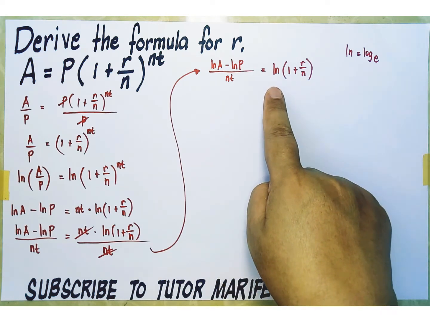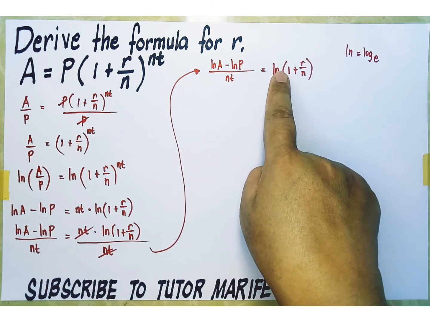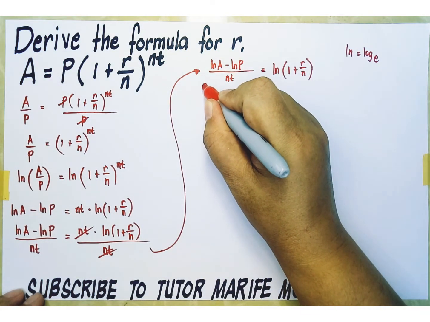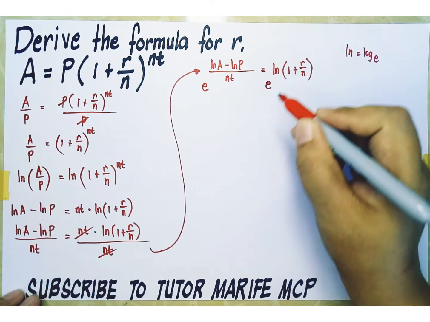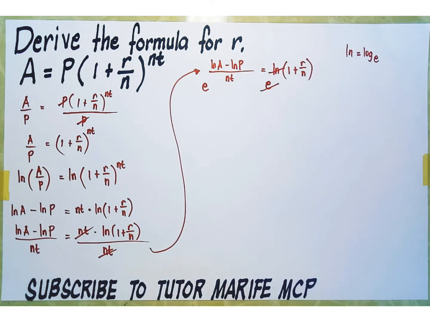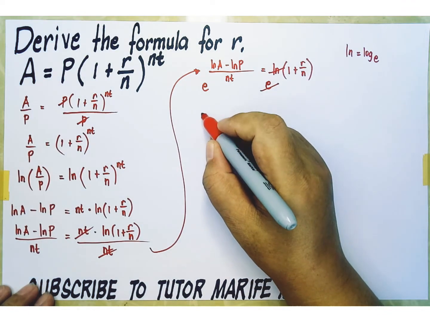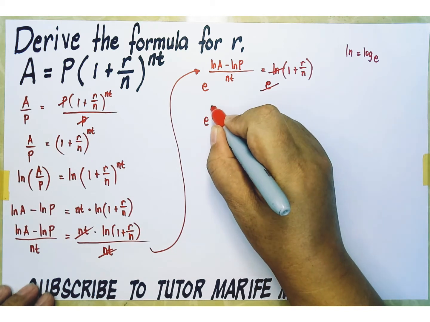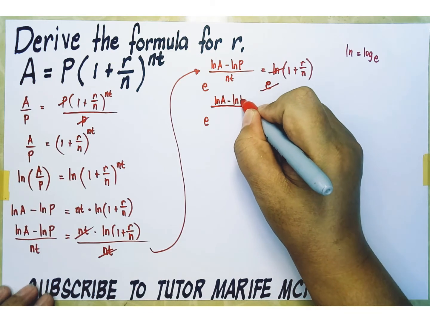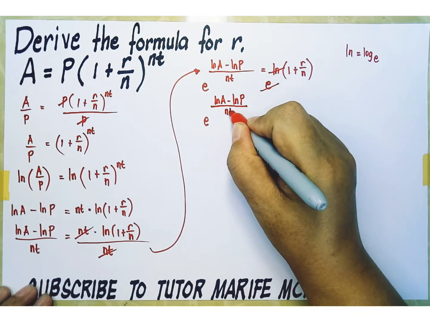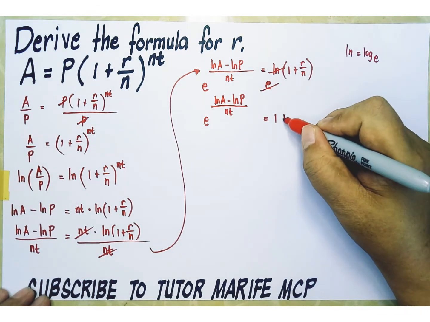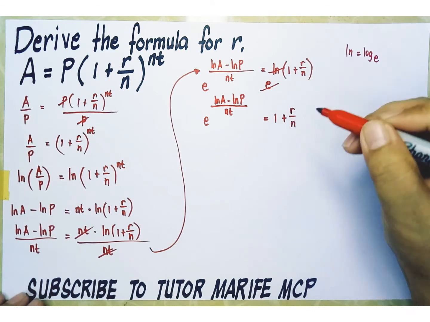Because it's the base e that will cancel out the ln on the right side. Okay, so on the left side, we now have e raised to ln of A minus ln of P over n times t. And the right side becomes 1 plus r divided by n.